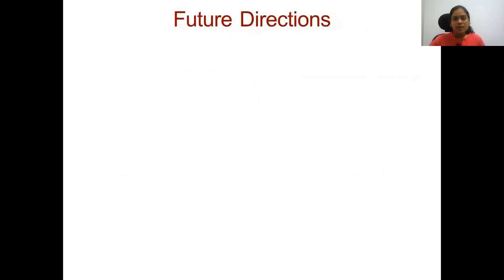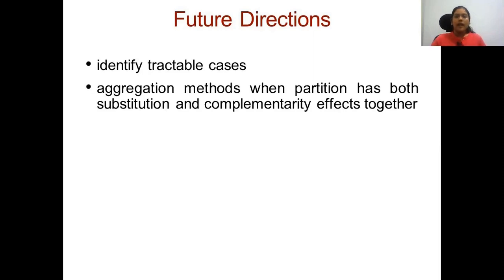Some future directions: some of the open questions we already saw. And it would be nice to identify some tractable cases. It is possible that some restrictions on the partitions make the problem tractable. Another direction is to look for aggregation methods when the partition has both substitution and complementarity effects together.